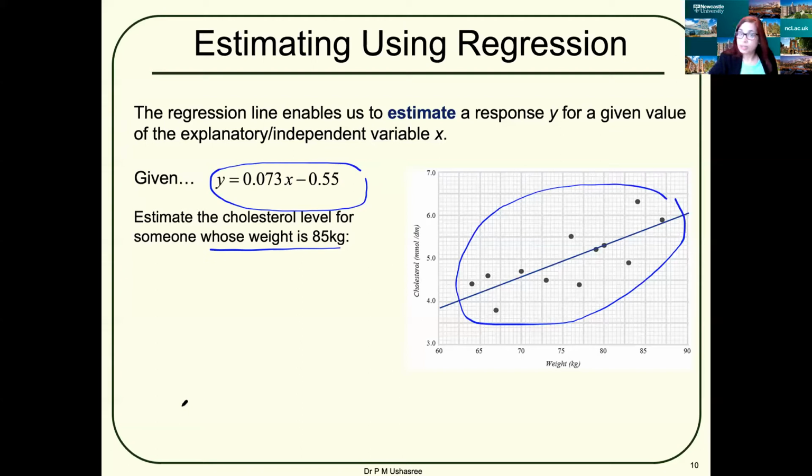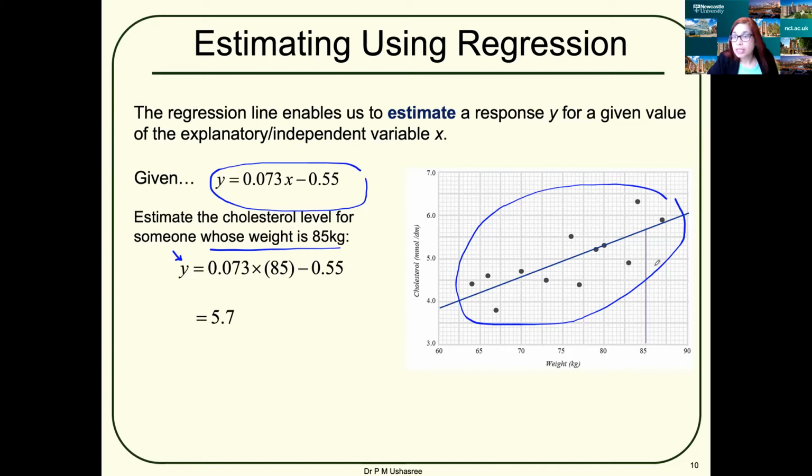So we can use these data to estimate the value of cholesterol level. We just substitute 85 for X and then we estimate the value for Y. Okay. So which is 5.7.